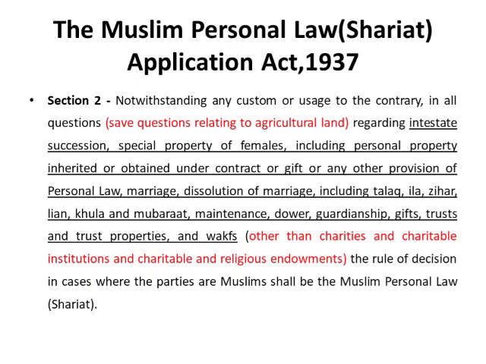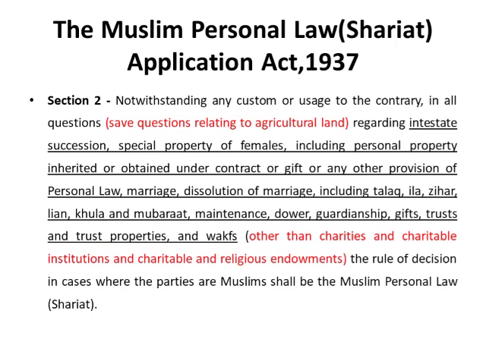Section 2 of the Act provides: Notwithstanding any custom or usage to the contrary, in all questions, save questions relating to agricultural land, regarding intestate succession, special property of females, including personal property inherited or obtained under contract or gift, or any other provisions of personal law, marriage, dissolution of marriage, including talaq, ilah, zihar, lian, khula, and mubarat, maintenance, dower, guardianship, gifts, trust and trust properties, and the waqfs other than charities and charitable institutions and charitable and religious endowments, the rule of decision in cases where the parties are Muslim shall be the Muslim personal law, that is Shariat.